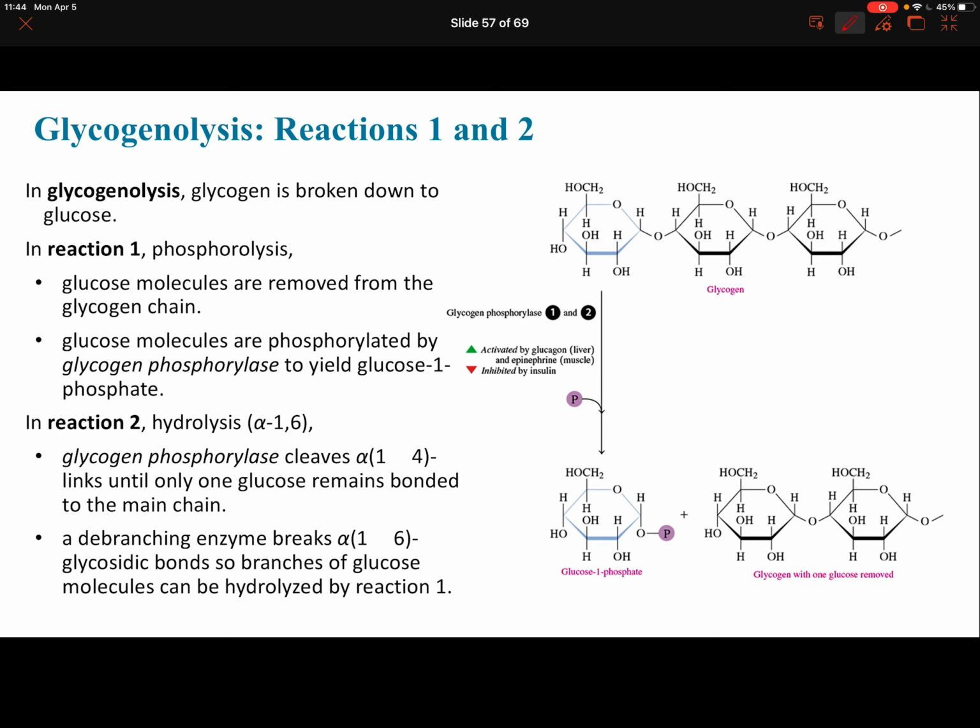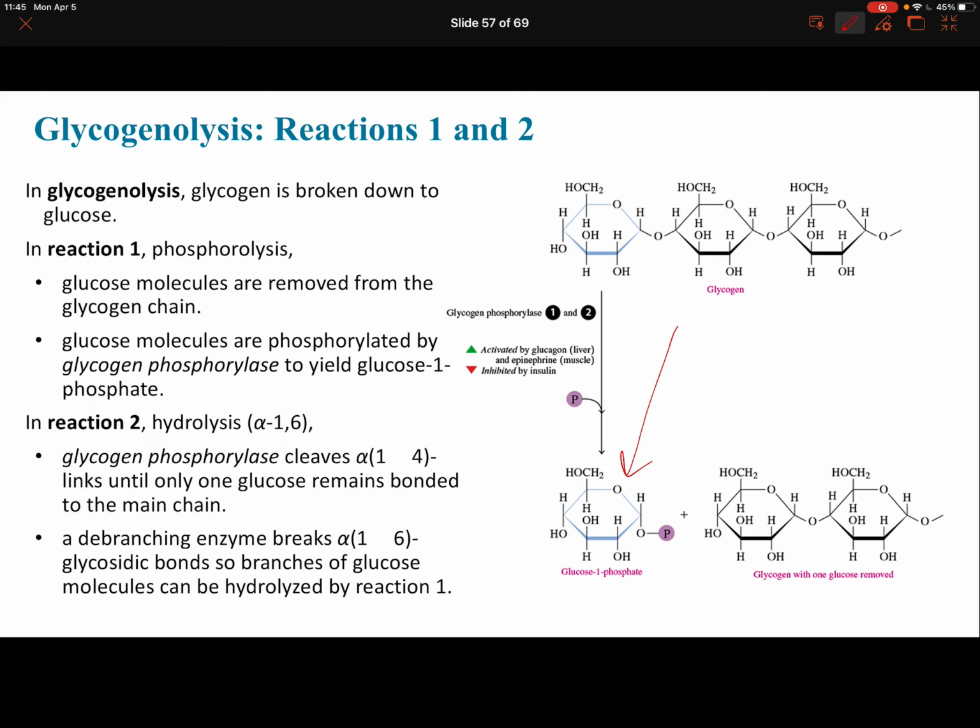So glycogenolysis is the opposite of that, sort of. This is when you want to break down glycogen. The first reaction is phosphorolysis. Glucose molecules get removed from the glycogen chain. Glucose molecules get phosphorylated and turned into glucose 1-phosphate, as they are cut off one by one.